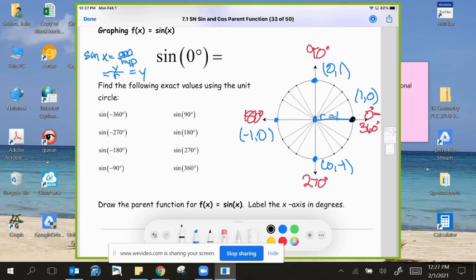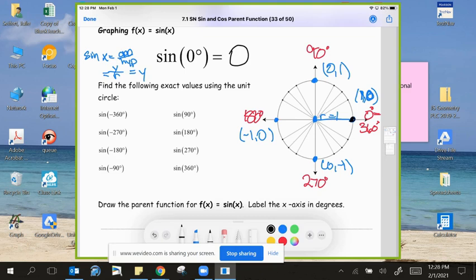You're making this too hard. At 0 degrees, the ordered pair is 1, 0. What is the y coordinate there? 0. Yes. So sine of 0 is 0.